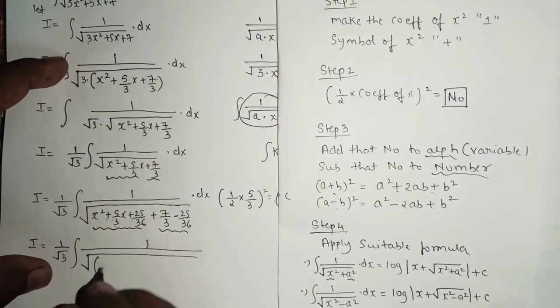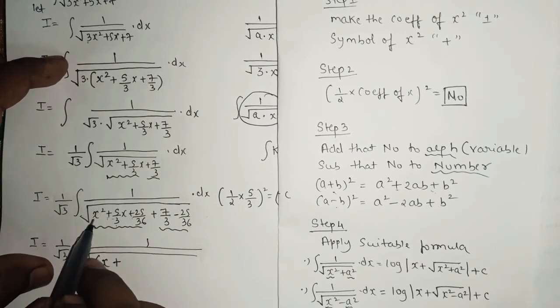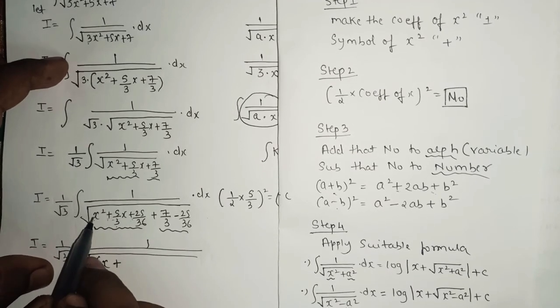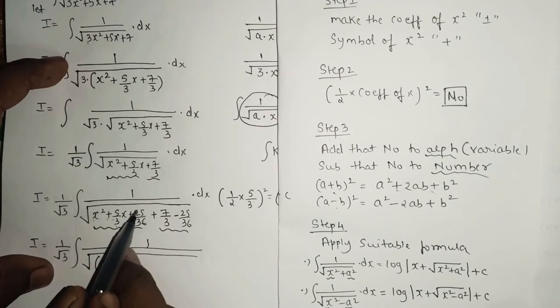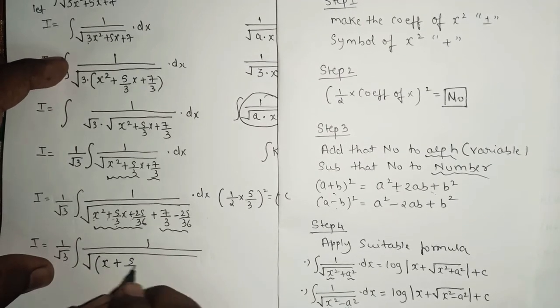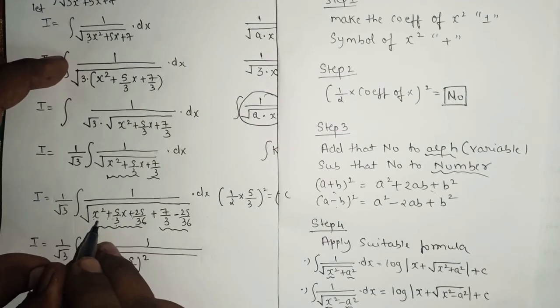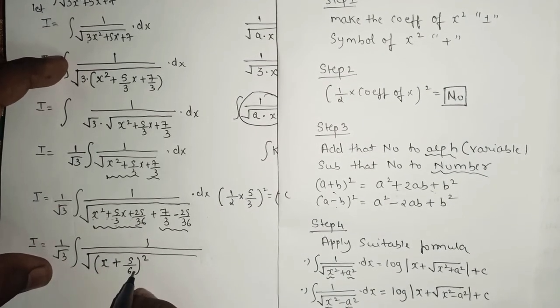So here x square root will be x plus, just simply you have to check the first and last term. No need of seeing the middle term. First term and last term, its square root. So x square root will be x, 25 square root is 5, and 36 square root is 6, and it is in the form of x square plus 2ab plus b square. So we can write this as a plus b the whole square.